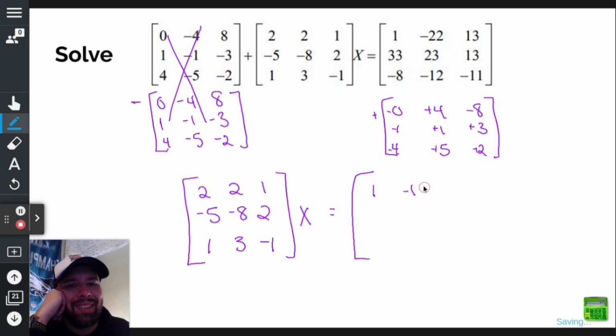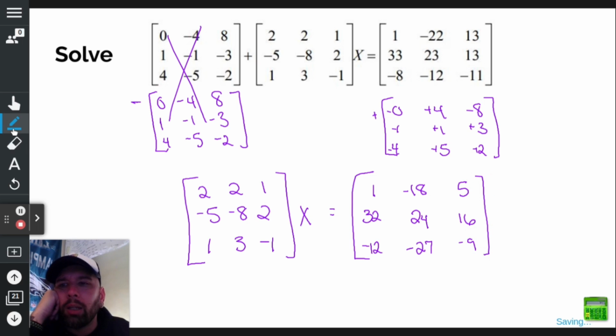So negative 18, 5, 32, 24, 16, negative 12, negative 27, negative 9.